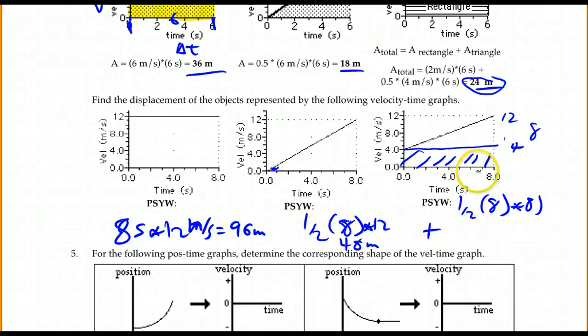That's 8 times 4, which is 32. So we add 32 to 32, and we end up with a total of 64 meters traveled. So just keep track of the different spots. Use highlighters if you need to mark out the areas. It's nothing more complicated than a rectangle and a triangle, or a combination of those two for the types of motions that we're seeing.